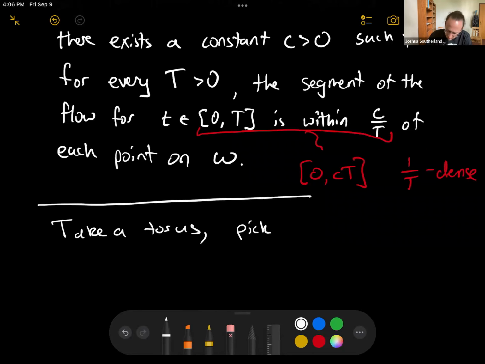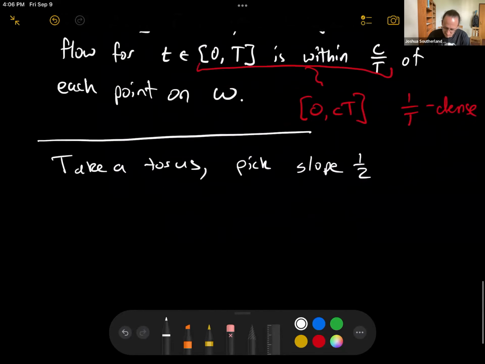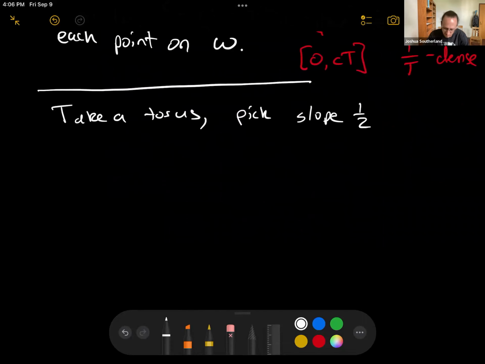So we're going to say a slope of maybe 1/2, and this is going to define a certain trajectory on the torus. Okay. So maybe we end up with something kind of like this. And we can look at this trajectory.